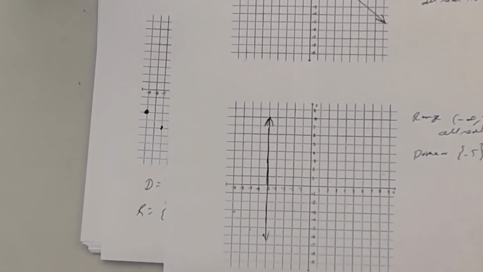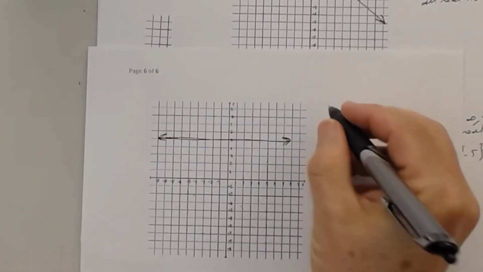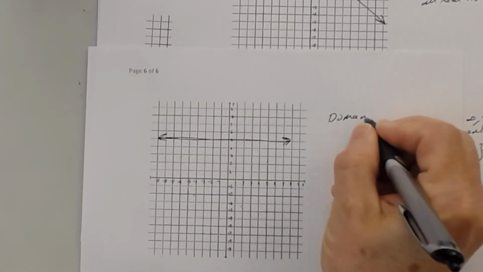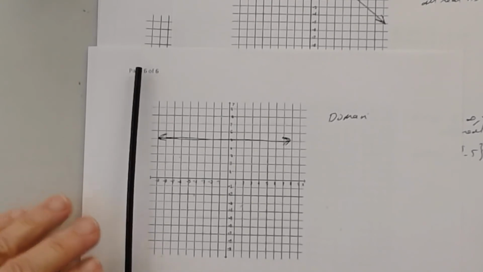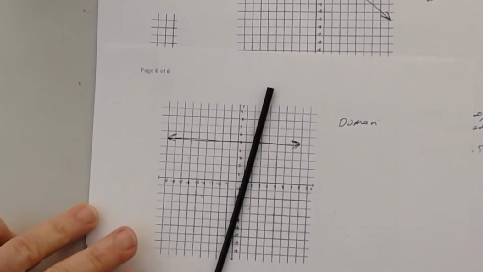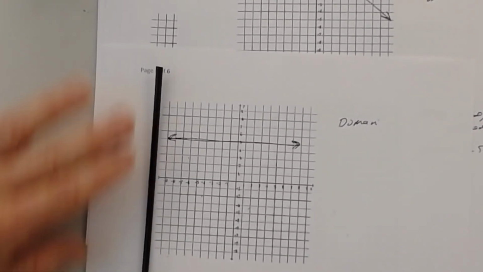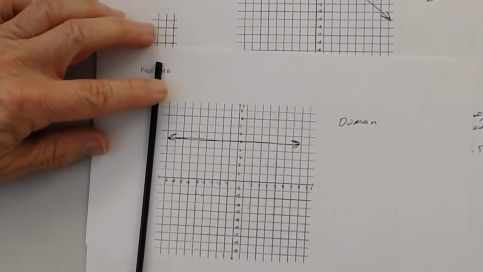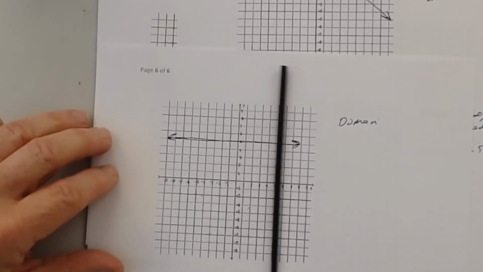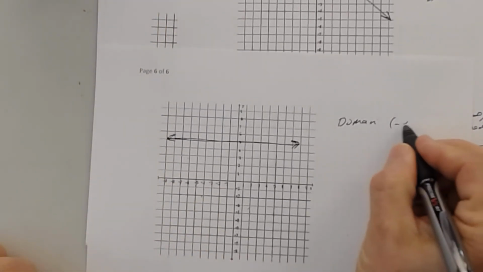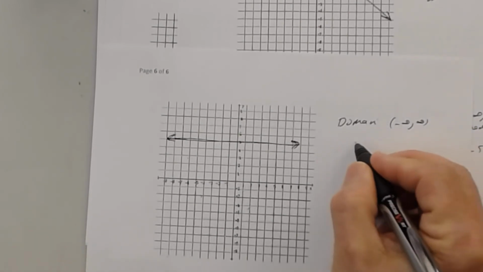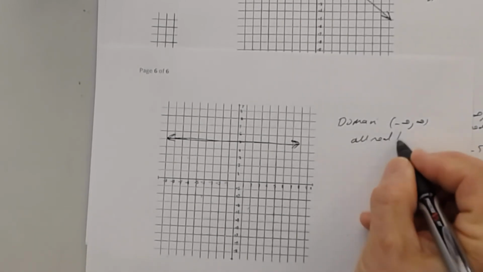Now let's look at the horizontal line. The domain here is easy. Domain is the set of which coordinates? X. So from negative infinity to positive infinity, or you can say all real numbers.